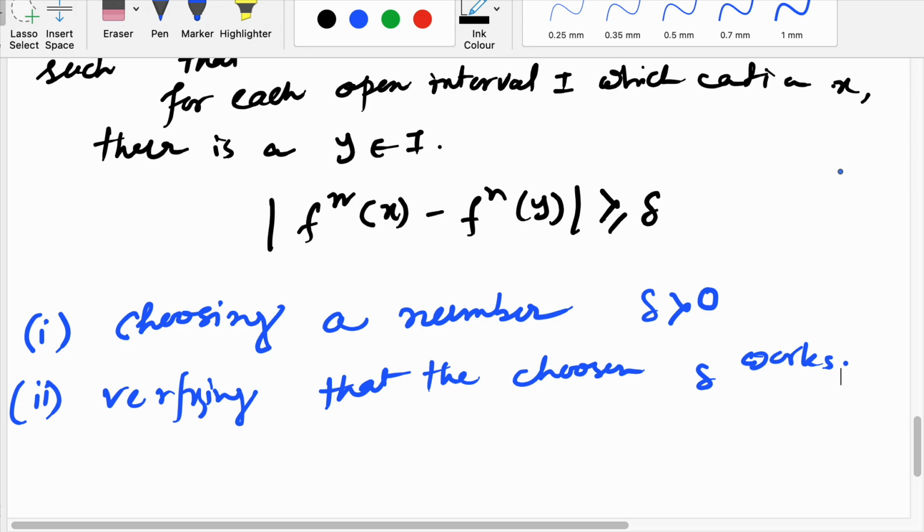So what you have to do is explore multiple deltas and see which delta works. That's all.